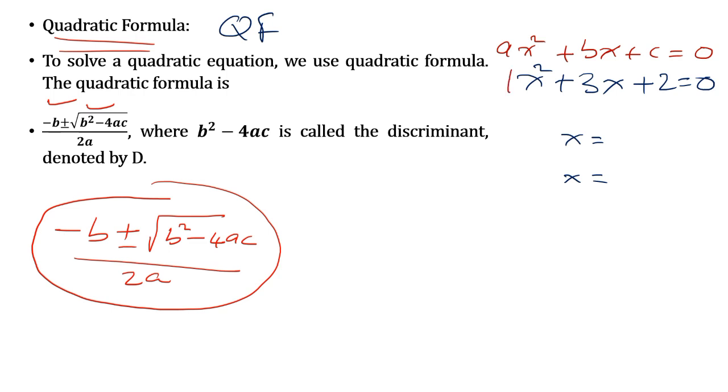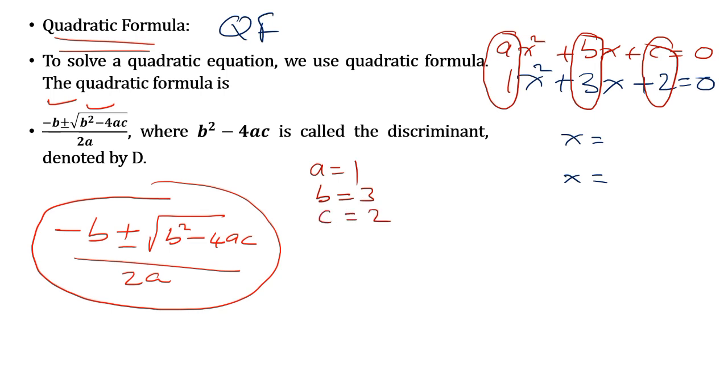So a will be equal to 1. Bx will be equal to 3x, so I got b equal to 3. And in place of c we have 2, so we got c is equal to 2.